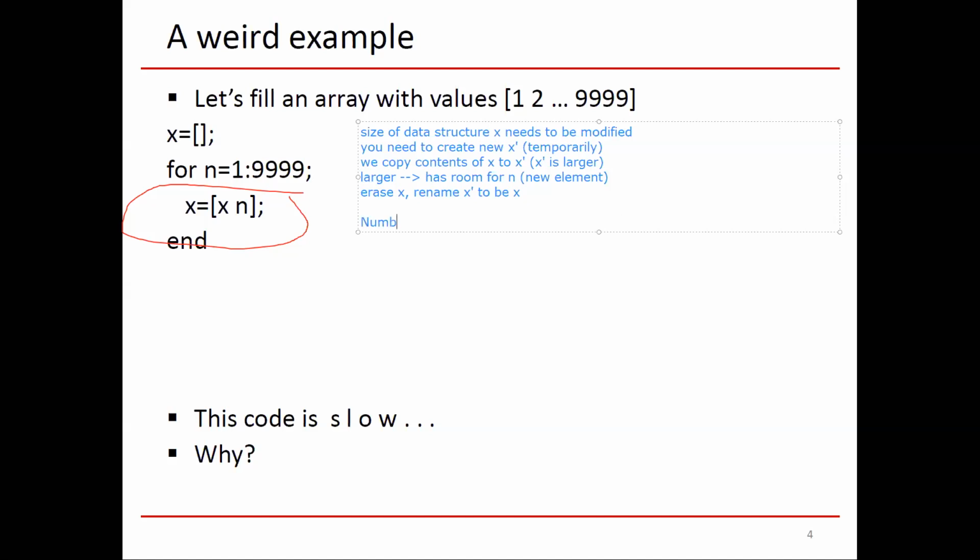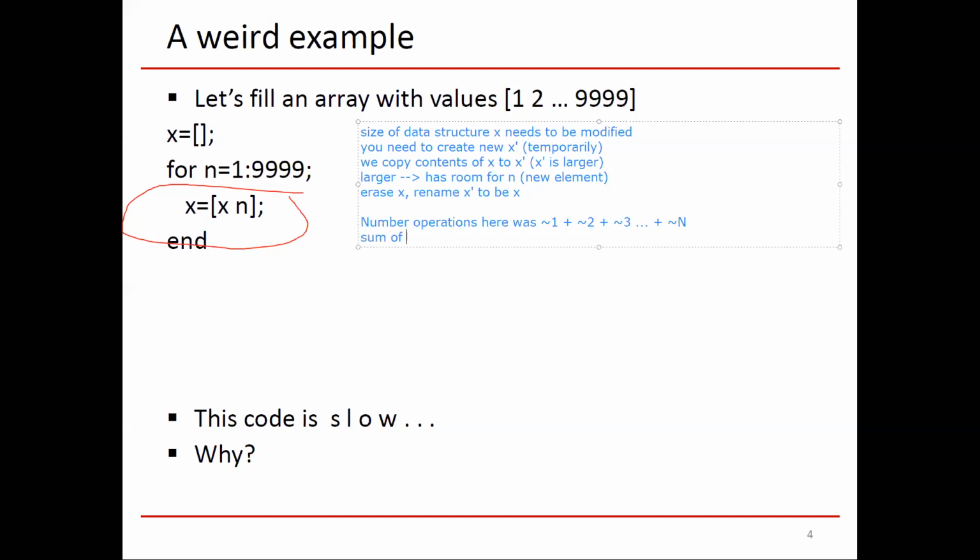The number of operations here was something like 1 plus something like 2 plus something like 3 plus something like capital N. Recall in my MATLAB example, N was the 10,000, which later became larger.